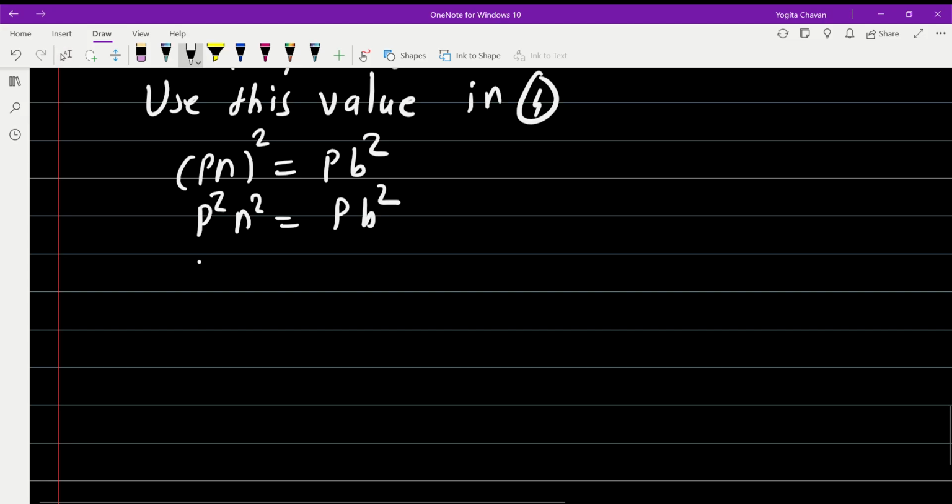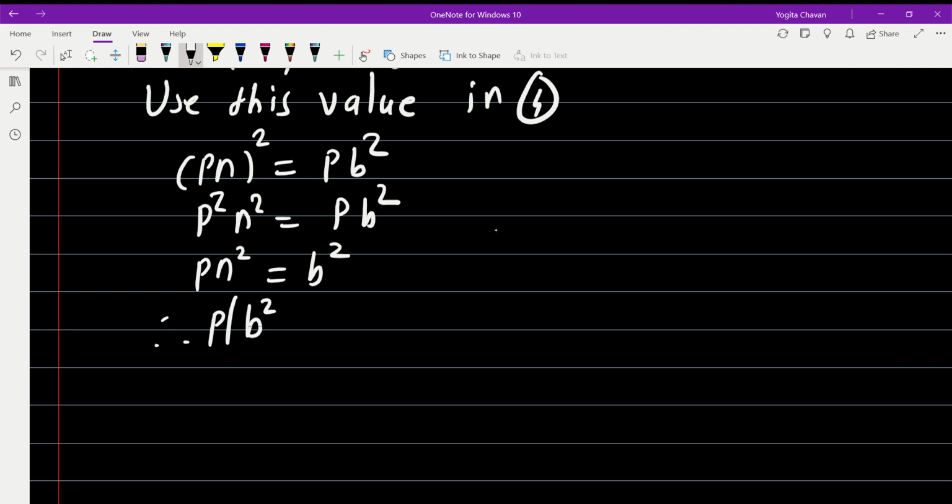Now p into n square is equal to b square. So b square is a multiple of p. Therefore p divides b square. So p divides b into b. This implies p divides b. This is number 6.